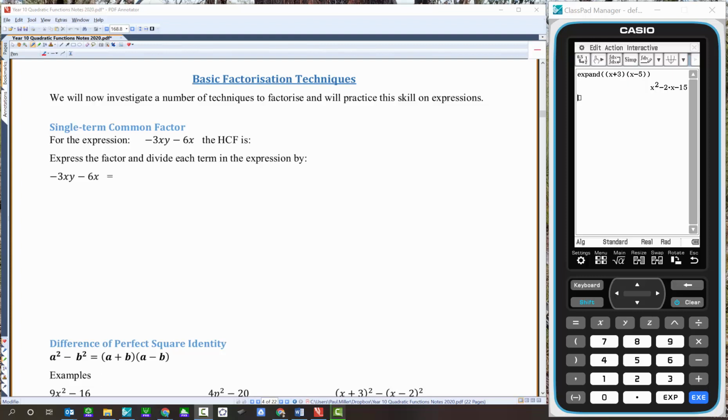All right, so you've learnt how to expand. What we're now going to do is back the truck up and factorize, because all factorizing is the reverse of expanding. Remember in year 9, you took expressions like 3x squared plus x, looked for a common factor and yanked it out.